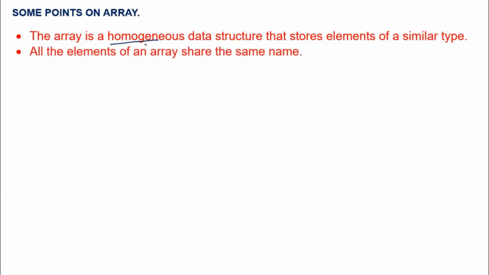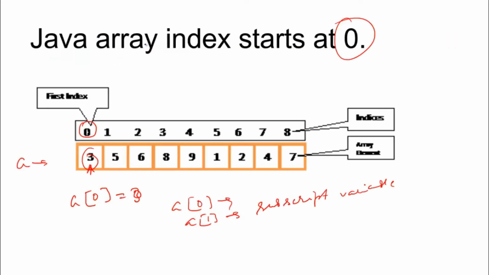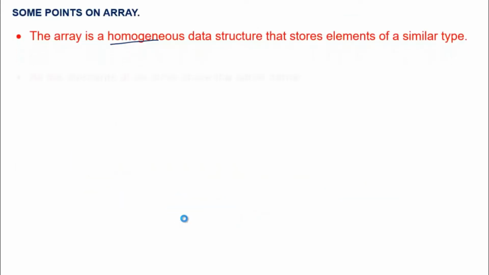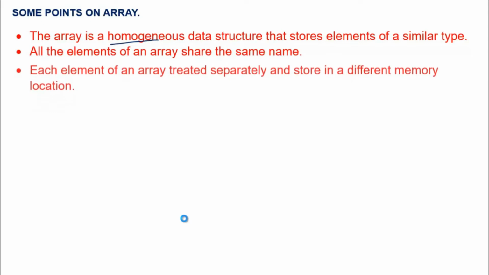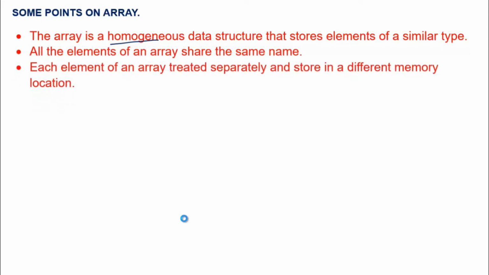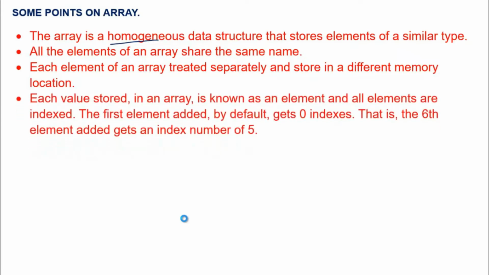All the elements of an array share the same name, like a here. Each element of an array is treated separately and stored in a different memory location. Each value stored in an array is known as an element, and all elements are indexed.